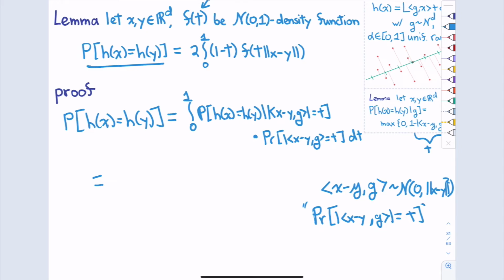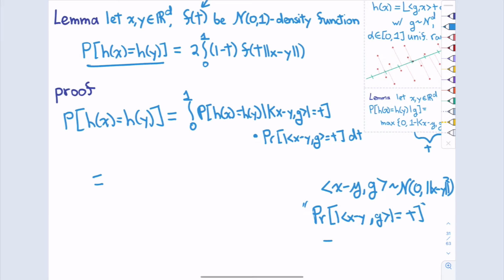That's sort of the odds of x minus yg being equal to negative t or t. The only difference between a standard Gaussian with variance 1 and a Gaussian with variance x minus y squared is that you effectively plug x minus y into the density function.